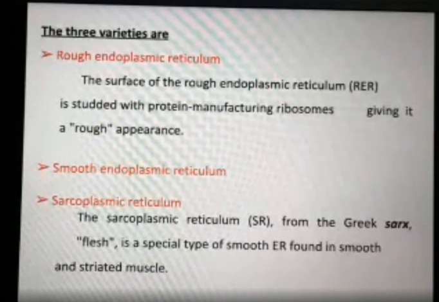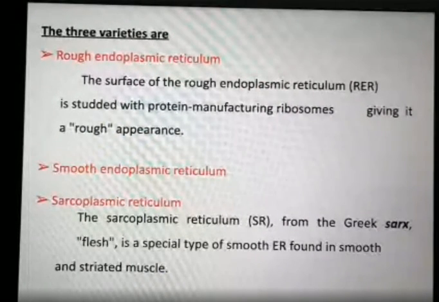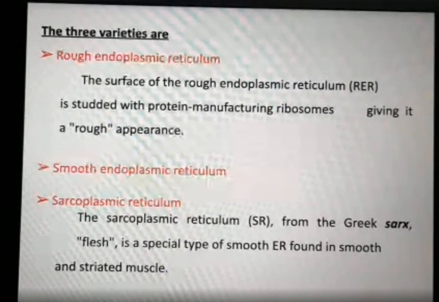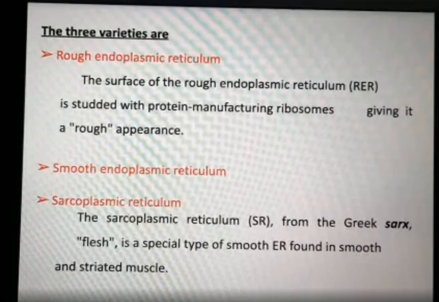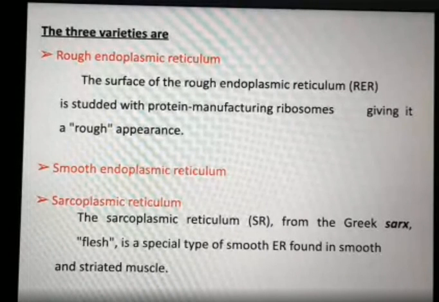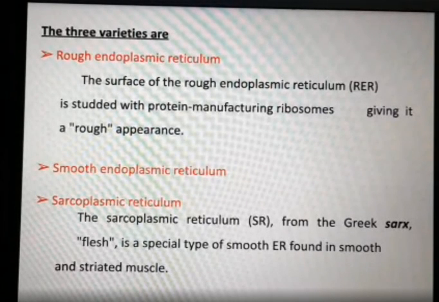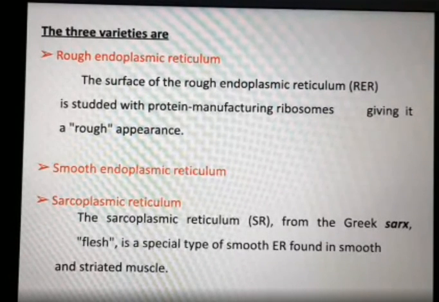Then the three varieties are the rough endoplasmic reticulum, smooth endoplasmic reticulum, and sarcoplasmic reticulum. In the case of the rough, due to the presence of ribosomes, the work carried out is protein manufacturing. The smooth helps in the production of different steroids and lipids.